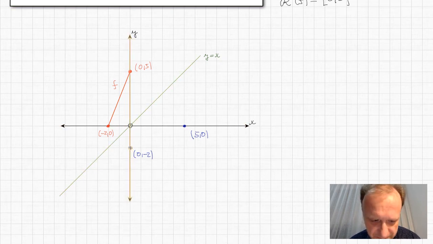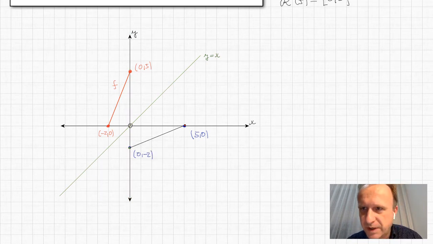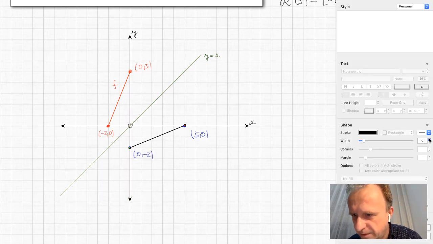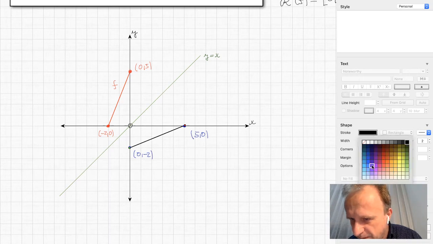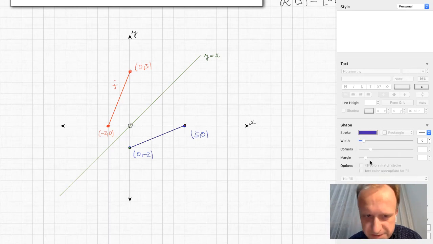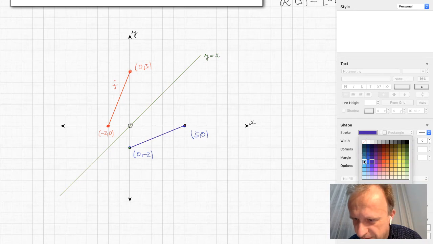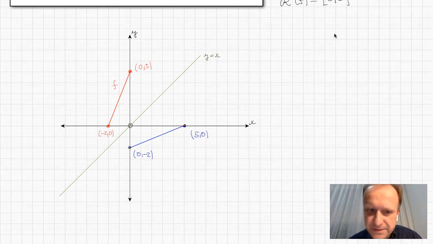So I just connect them here, and use perhaps the blue color and a slightly thicker line. It should be in this form. Okay, so let me denote it. This is f inverse, the graph of f inverse.